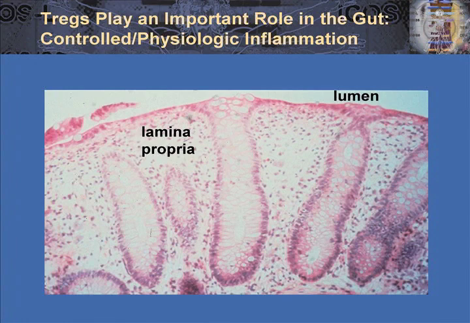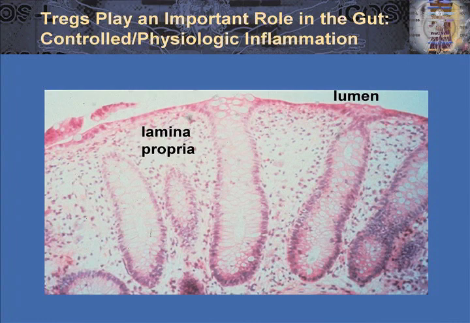If you look at the top side of the slide, you see the gastrointestinal lumen, and it's important to keep in mind that this lumen is colonized by an incredibly large biomass of intestinal microbes, including bacteria and other microbes. In fact, the number of microbes in the gut lumen outnumber the cells in our human body by 10 to 100 to 1.